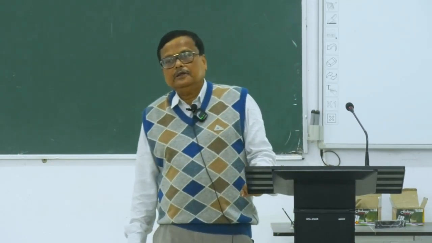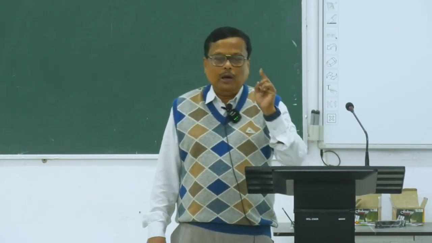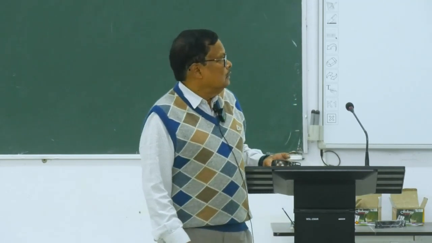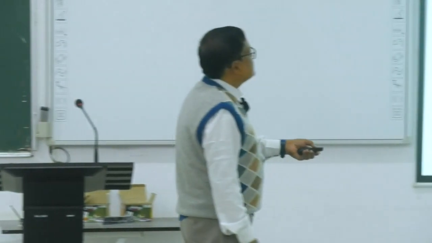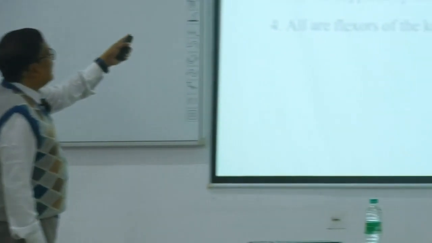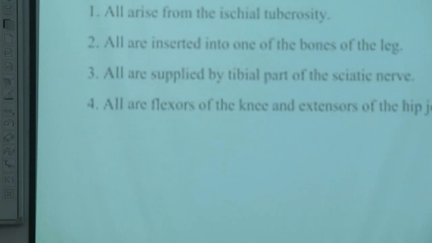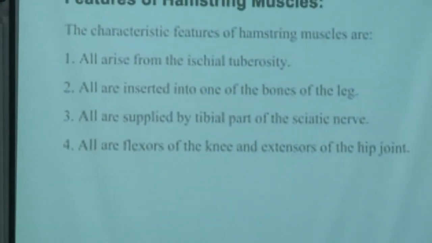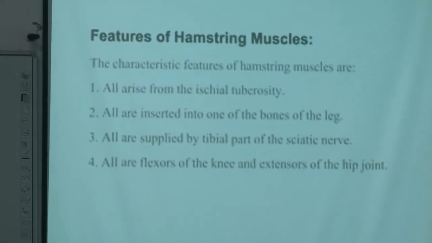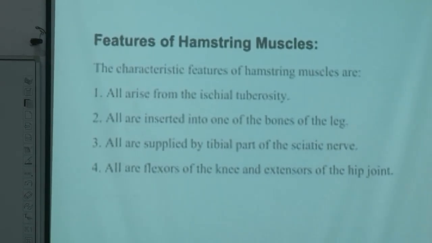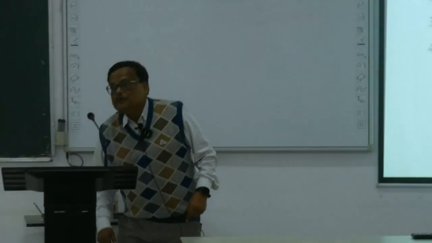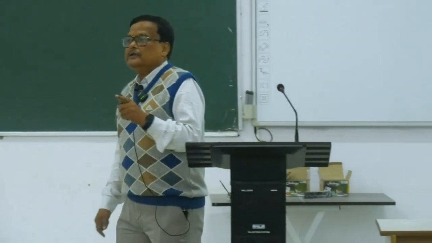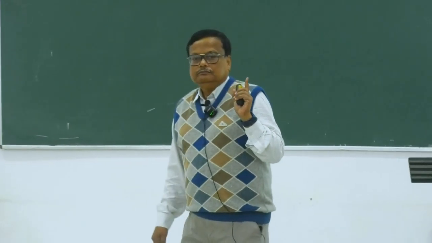What are the criteria? Number 1, all must arise from the ischial tuberosity. This is a must. Number 2, it must be inserted beyond the knee joint, meaning in the bones of the leg, either the tibia or fibula.